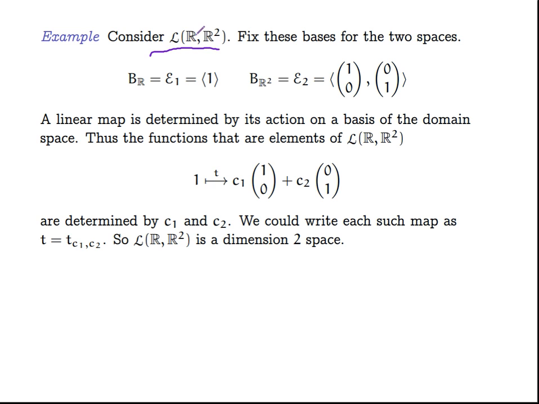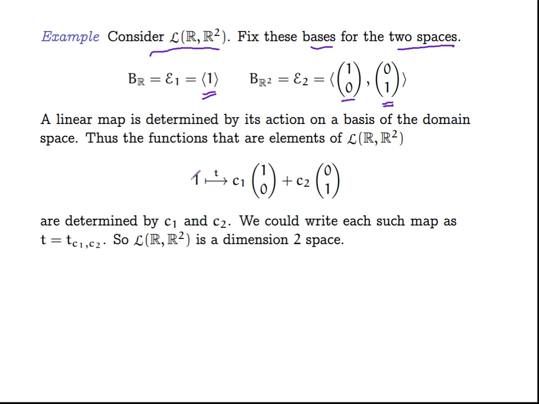Here's an example. Consider all linear maps from R to R squared. Let's fix a basis for these two spaces. Okay, let's use the easy basis. The easy basis of the real numbers would just be the number 1, because that's an element of the real numbers. The easy basis of R2 would be the natural basis, the two coordinate vectors.